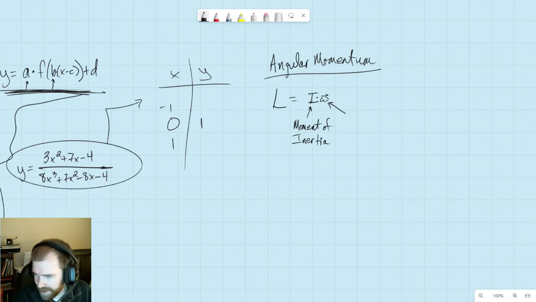Moment of inertia. Damn it. Is it torque? Sorry. Come on. I mean, it should just be listed right at the top, but it's not. That's a real pain. Oh, angular velocity. There we go.